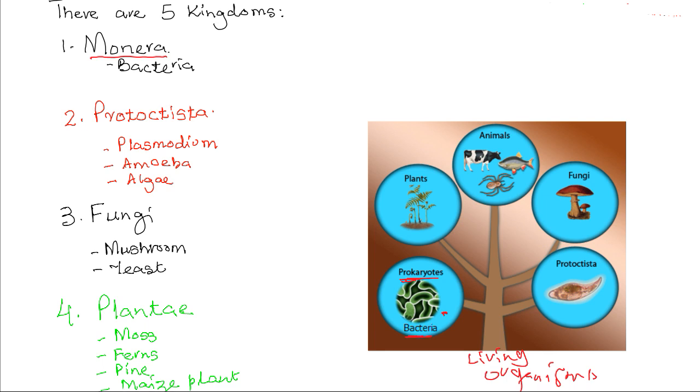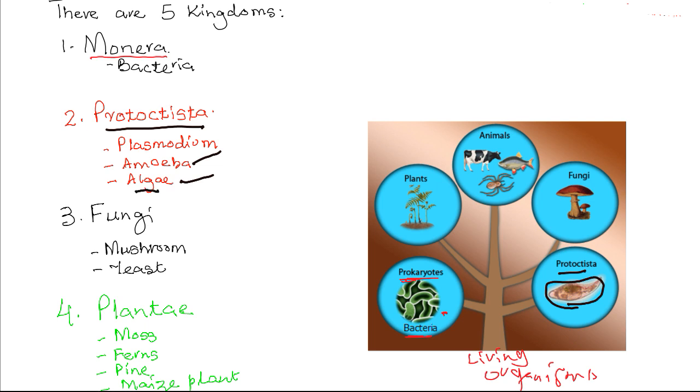Then the next kingdom is the kingdom Protoctista. This kingdom consists of Plasmodium that causes malaria. So here you have the Protoctista, and this is a representation of the Plasmodium, amoeba, and algae. Plasmodium and amoeba are unicellular.